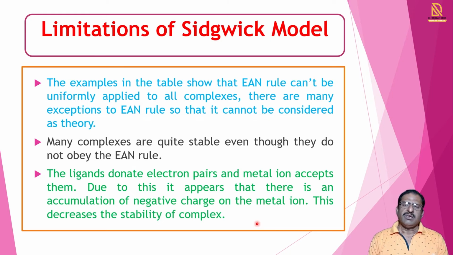According to this, the ligand donates electrons and the metal accepts electrons. But we know that the species which donates electrons carries positive charge, and the species which accepts electrons carries negative charge. So according to the Sidgwick model, the metal carries negative charge, but we know that generally metals are positively charged. And so this is one limitation of the Sidgwick model.